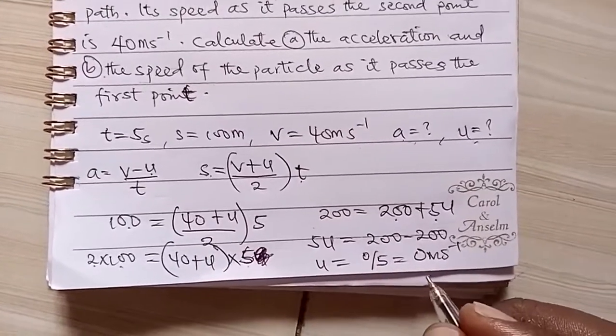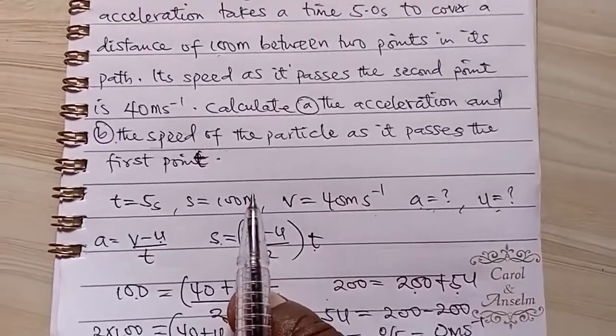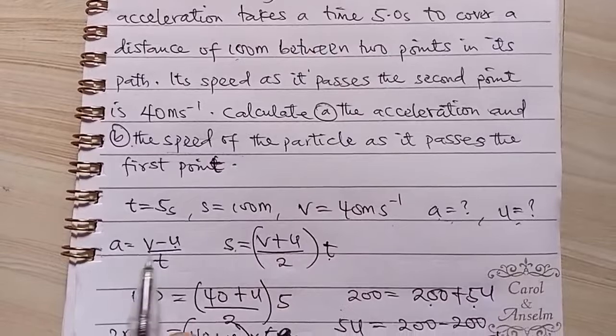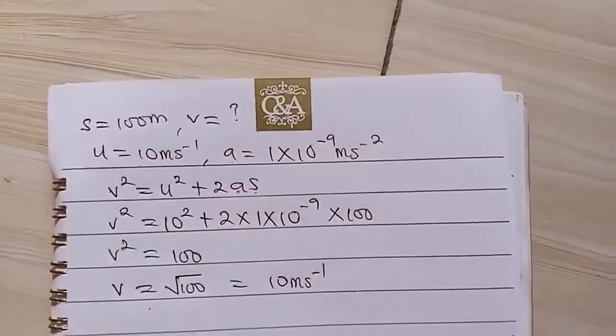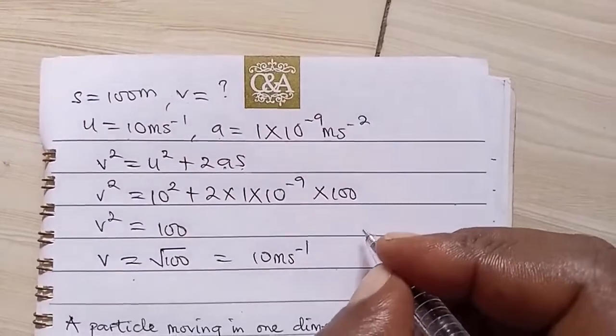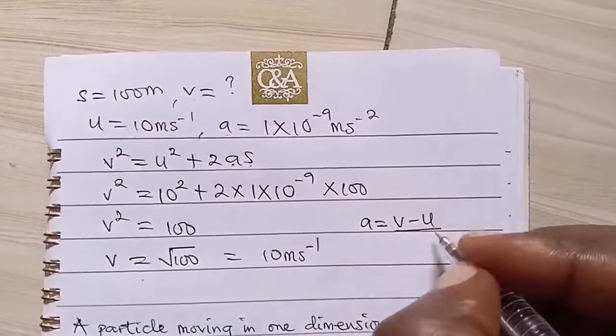So if u is 0 meters per second, we can now plug it in to find acceleration. Remember the formula here. We can see that a is equal to v minus u over t.